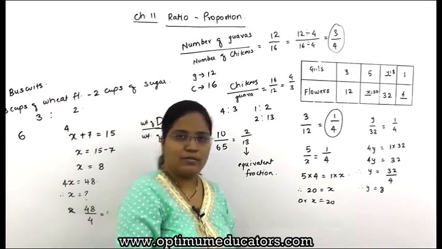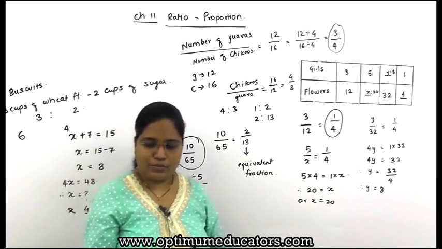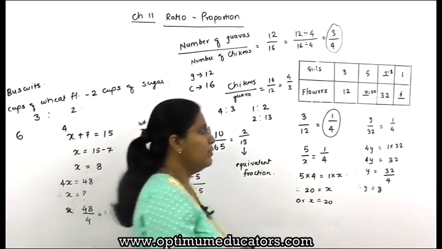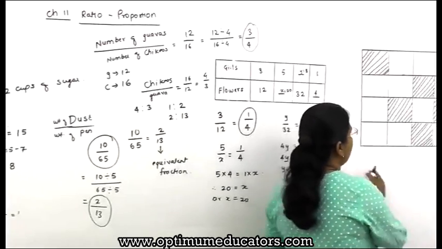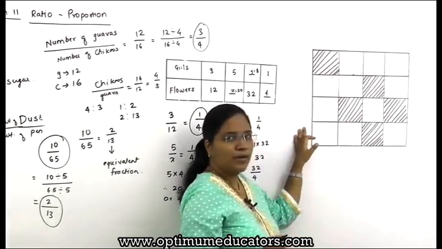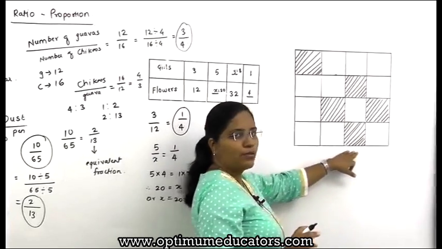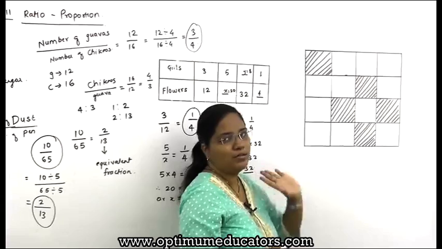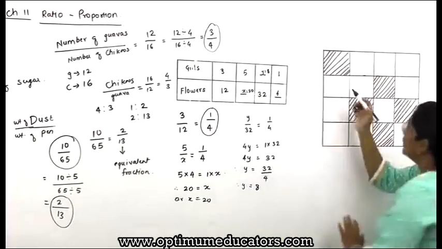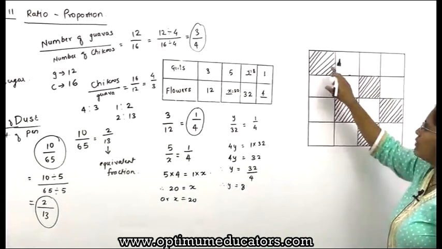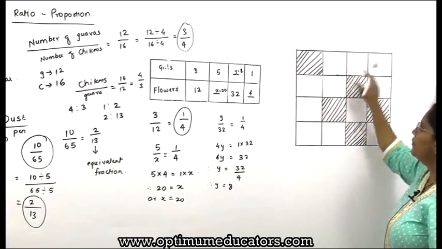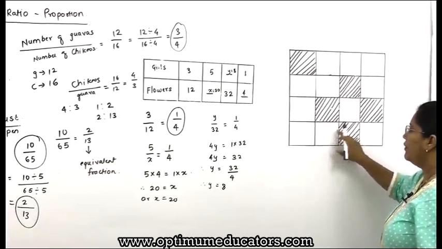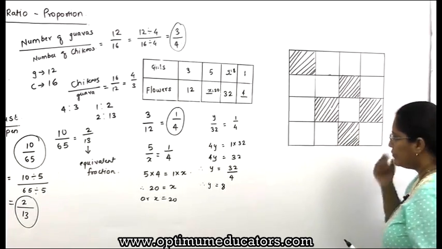Now let us solve another example so that you will be able to understand ratio and proportion in more detail. Now what do I have here? I have a square, which I have divided into 16 small squares. Can you see that? 1, 2, 3, 4, 5, 6, 7, 8, 9, 10, 11, 12, 13, 14, 15 and 16.